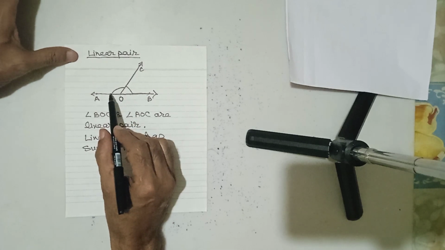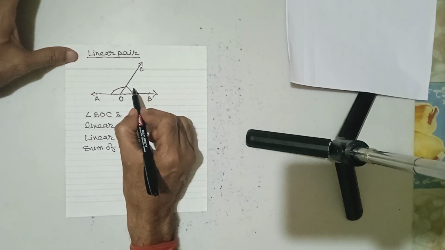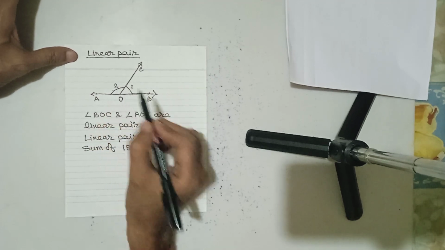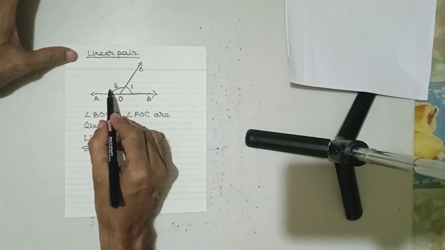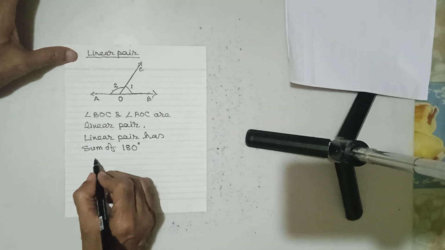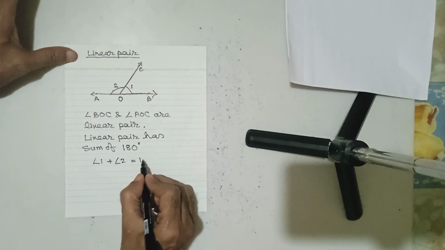So here the sum of these two angles will be 180 degrees. In short, if this is angle 1 and this is angle 2, these angle 1 and 2 are a linear pair and their sum is equal to 180 degrees. Angle 1 plus angle 2 is equal to 180 degrees.